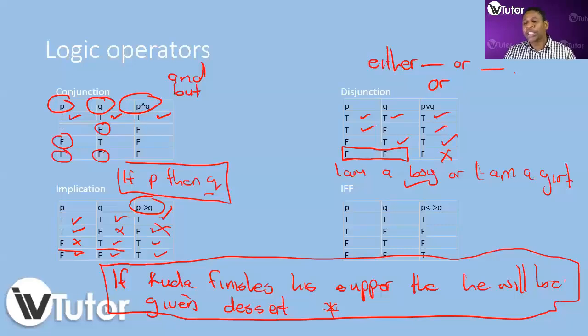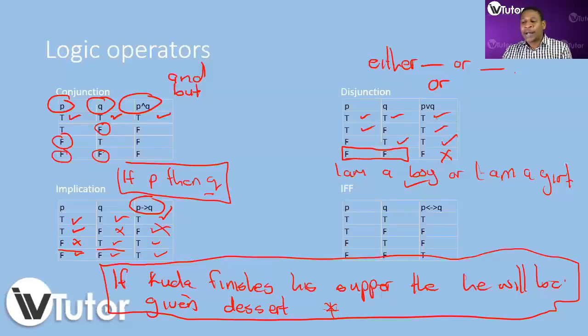The question then becomes, what was said about Kuda not finishing supper? Is there a condition attached to Kuda not finishing supper? If there is no such condition, then anything can happen.